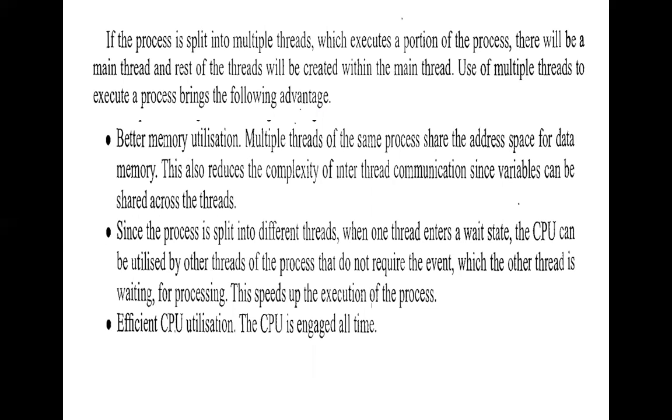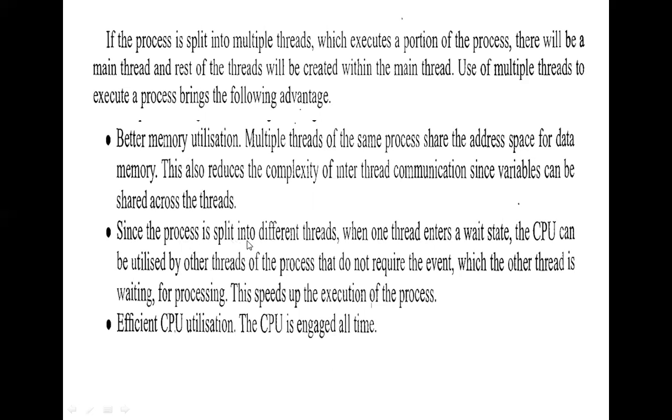First one is better memory utilization. Multiple threads of the same process share the address space for data memory. This also reduces the complexity of inter-thread communication since variables can be shared across the threads.